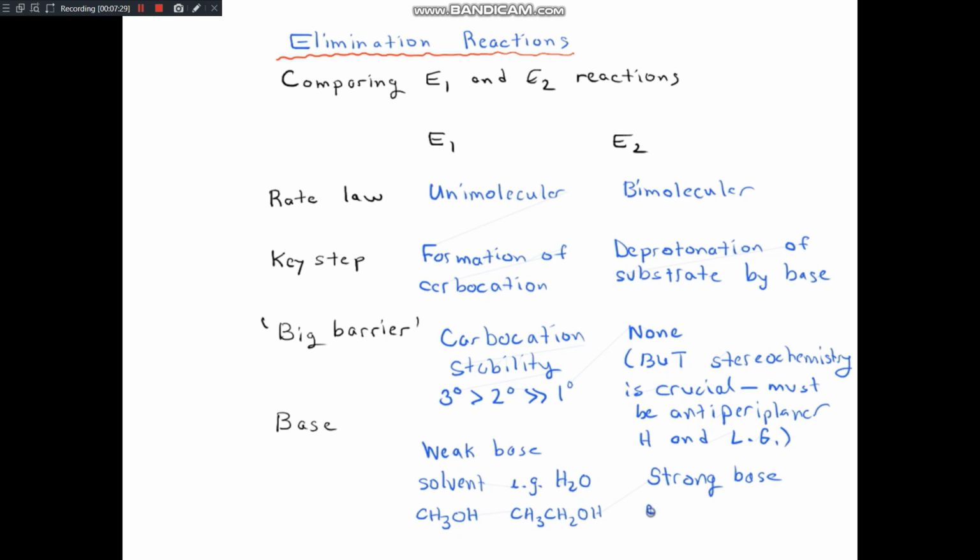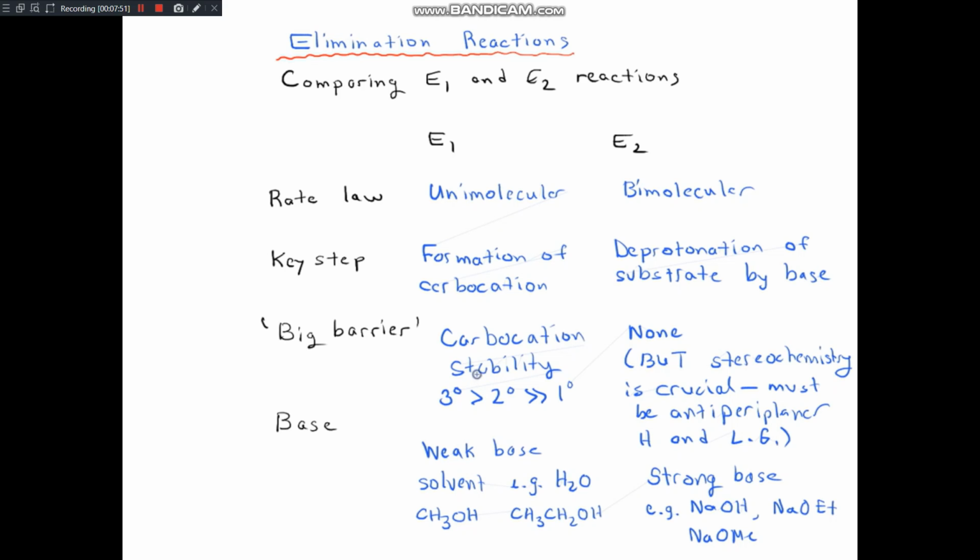Strong base, so for example, you'll notice they have charges on them. So sodium hydroxide, or sodium ethoxide, so the conjugate base of ethanol, or sodium methoxide. So these are all examples of strong bases that we'll use in the E2 reaction.